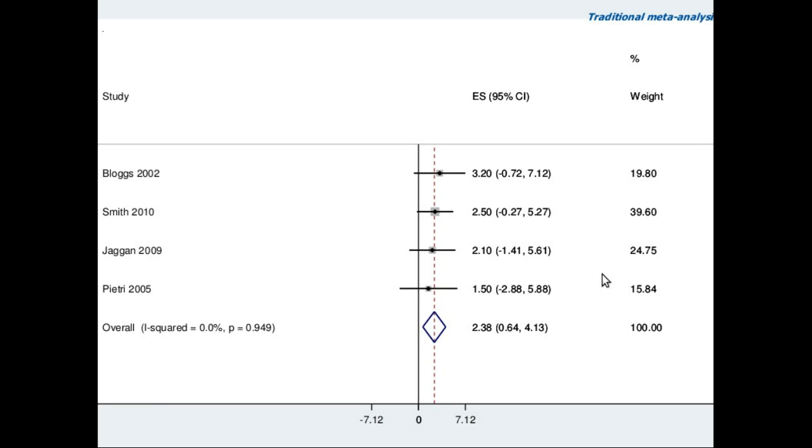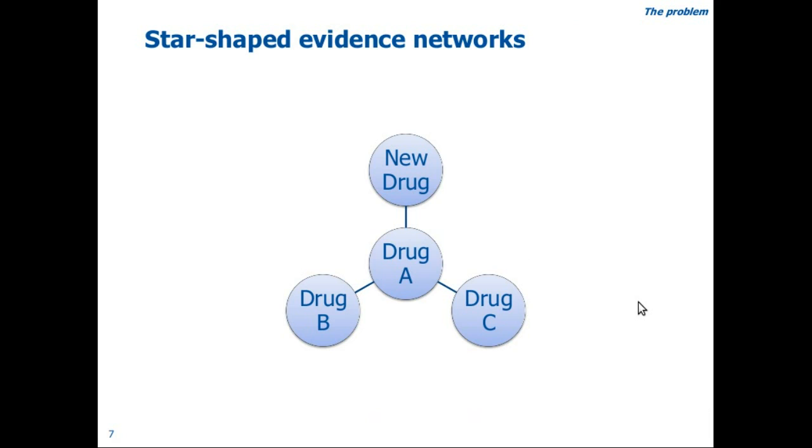And because we've done this in Stata, it's produced a nice little weight as a percentage for each of our studies, which is quite useful because you can immediately say that, for example, Smith has contributed quite a lot of information to this analysis, whereas Pietri hasn't.